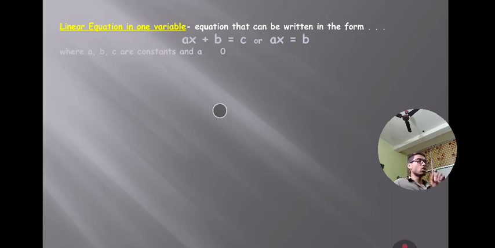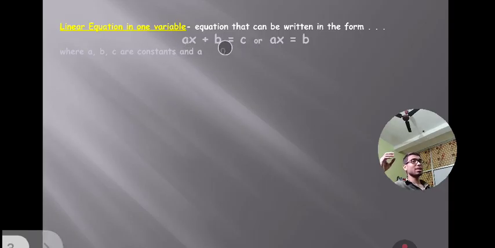Any number which is not with a variable will be what? A constant number. As you can see here, x is a variable and this number with it is a coefficient number. Now b is an exact number. It is not with a variable, that's why this will be a constant number.